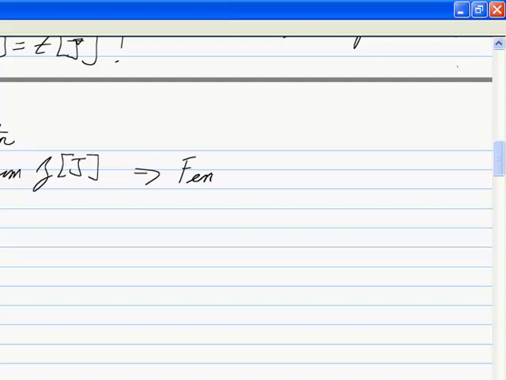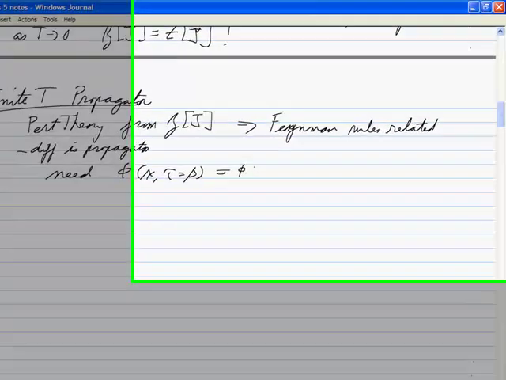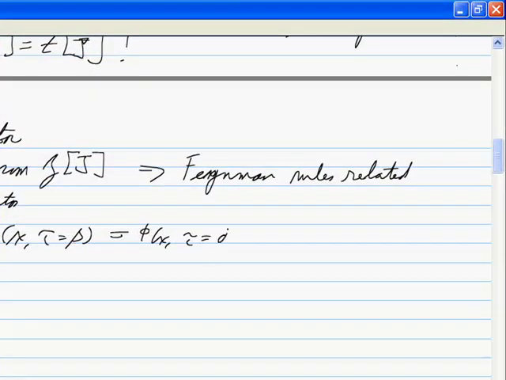The Feynman rules are the same. Yeah, at least they're related. Okay, but the propagator changes. So the difference is the propagator. And the propagator is different because you need to have these periodic boundary conditions. You need phi at x, tau equals beta is phi of x, tau equals 0.